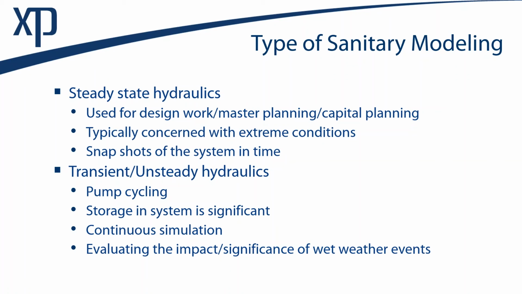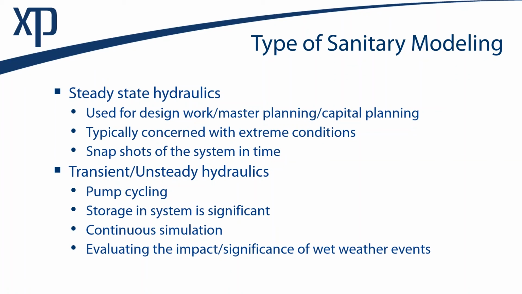We can look at continuous simulations using transient analyses. So these are long-term weather events that we might want to look at. How does my system perform over a month or even a year? Continuous simulation is a little bit of a misnomer. A 12-hour simulation can be a continuous simulation of sorts, but it typically refers to events of long duration.